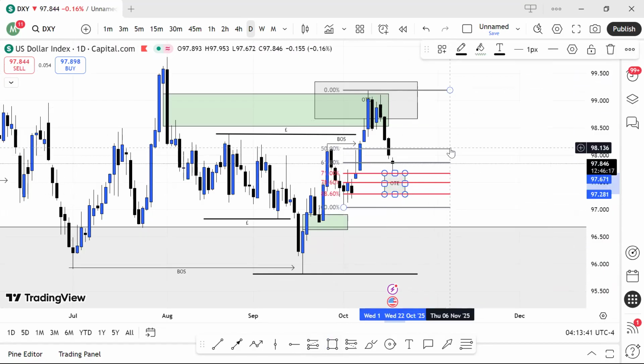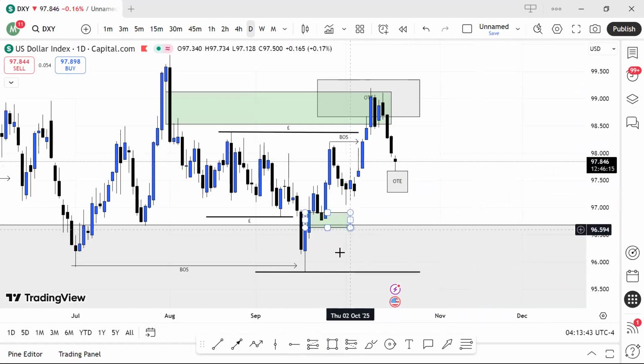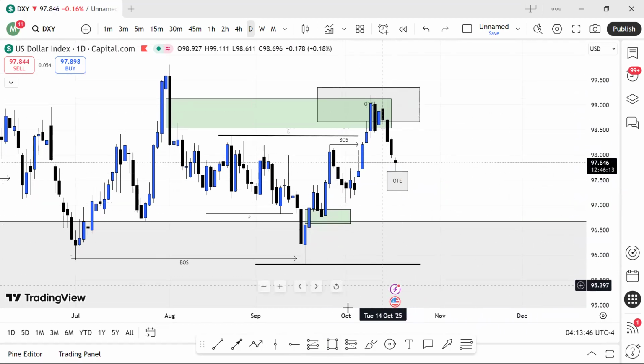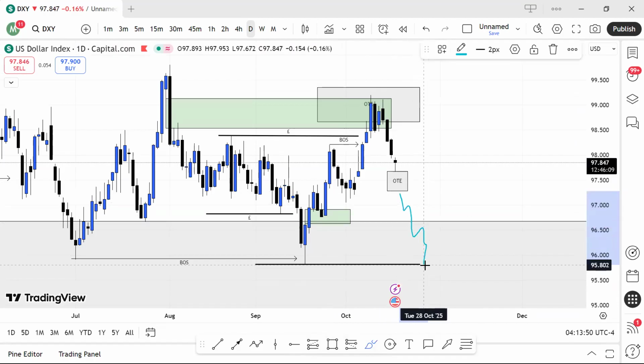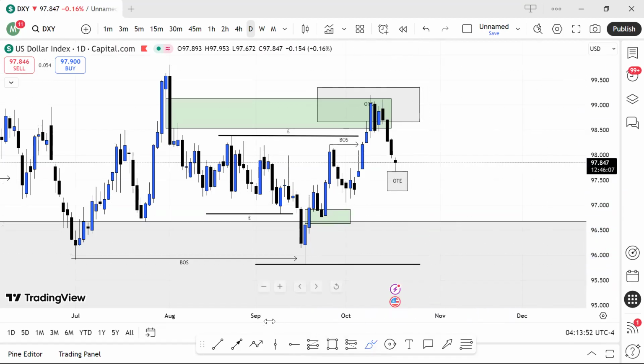Which means, in order to see the market keep selling to the downside and target this low, we have to see it first taking out this low here, this previous trading range low.